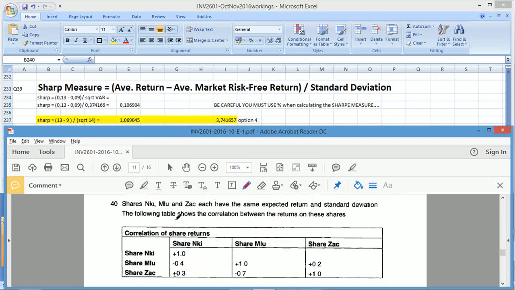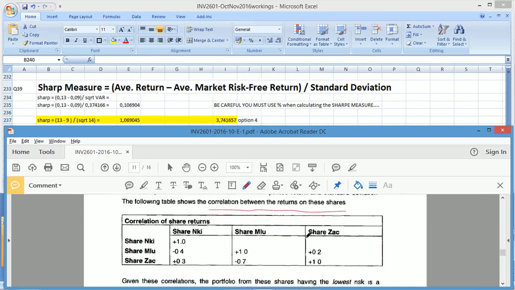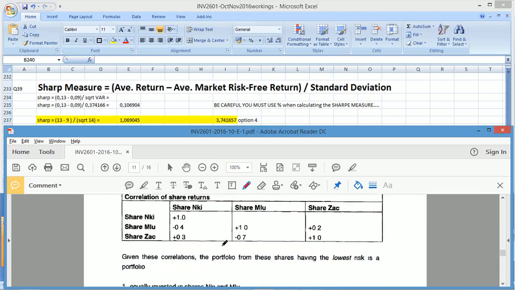Alright, then the last question. Shares N, M, Z each have the same expected return and standard deviation. The following table shows the correlation between the returns. Okay, so correlation means how they react in relation to each other. Given these correlations, the portfolio from these shares having the lowest risk is, okay, lowest risk.